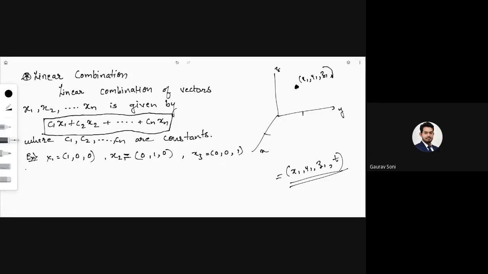Then the linear combination is c1 times 1 0 0 plus c2 times 0 1 0 plus c3 times 0 0 1, where c1, c2, c3 are constants.